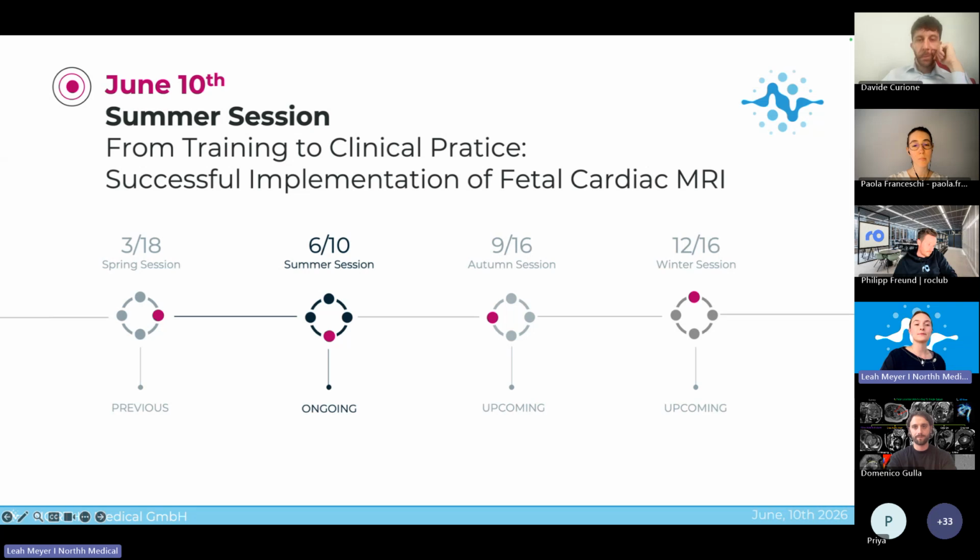So today's session, the summer session, has the topic: from training to clinical practice, the successful implementation of fetal cardiac MRI. We're really aiming here to get some insights from clinics where we will see clinical cases, how fetal CMR has started, and what has helped to establish this program.